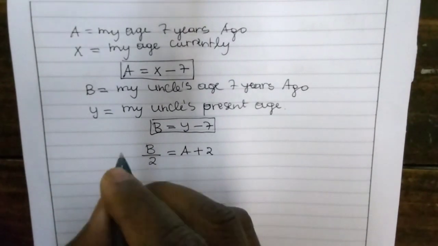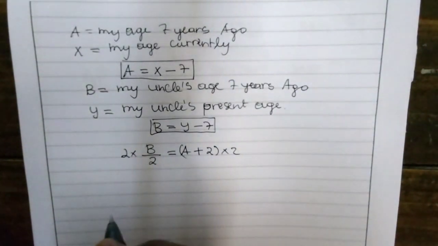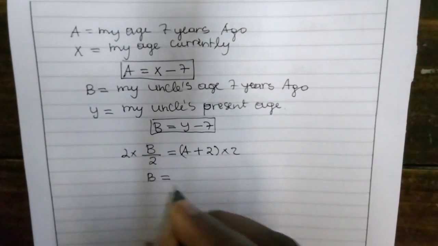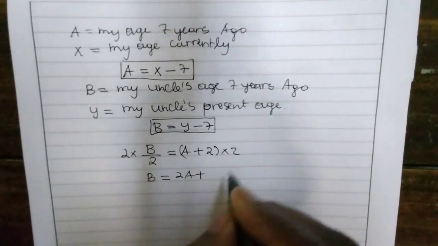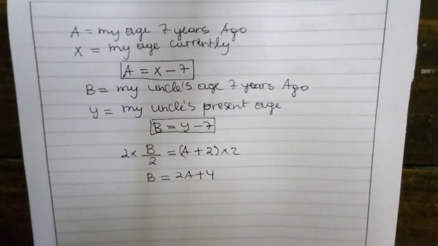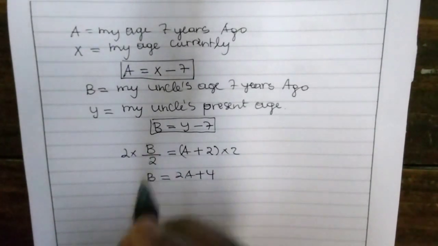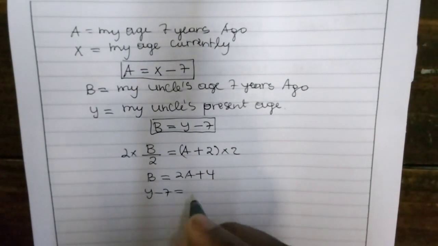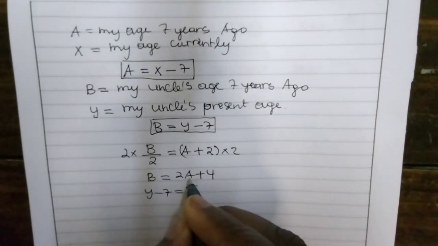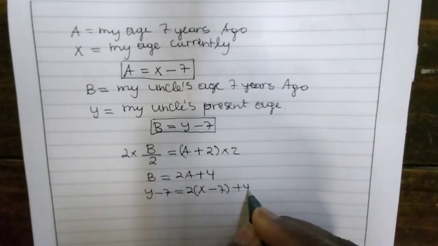I'm going to have B equal to 2A plus 2 times 2, 4. Then replacing A and B by their values, I'm going to have Y minus 7 equals 2 into A, which is X minus 7, plus 4.